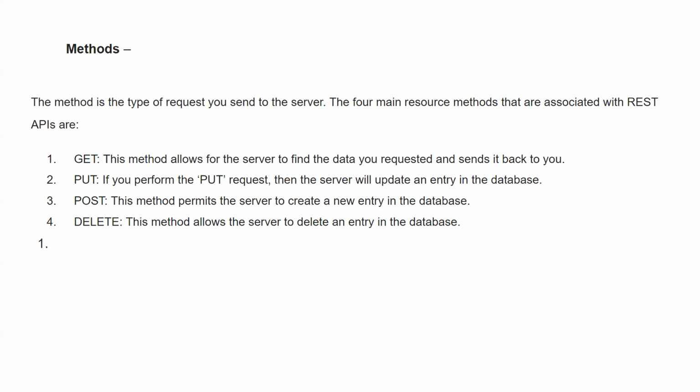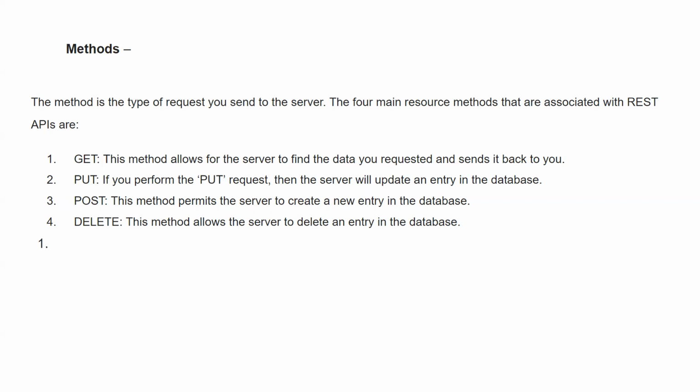Either you add a record, or you modify the record, or you delete the record. Add, update, delete, or I would say insert, update, delete. These are three common operations you do in the database. In that sense, you have get, put, post, and delete methods. Why am I saying these methods? These methods are built-in methods for API.